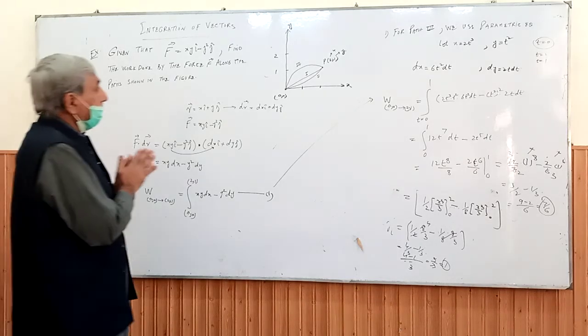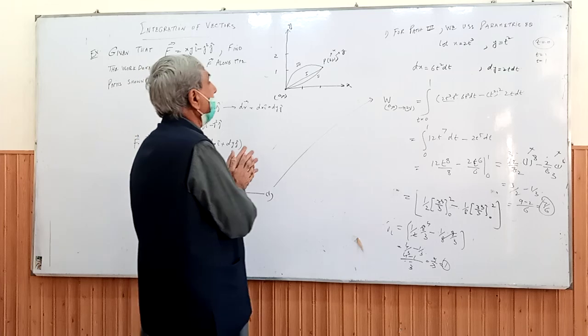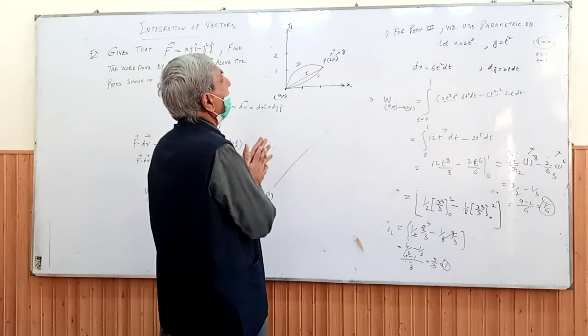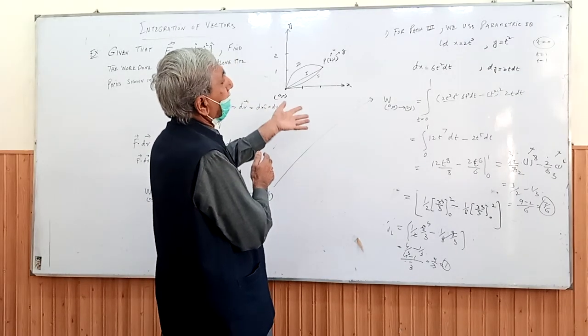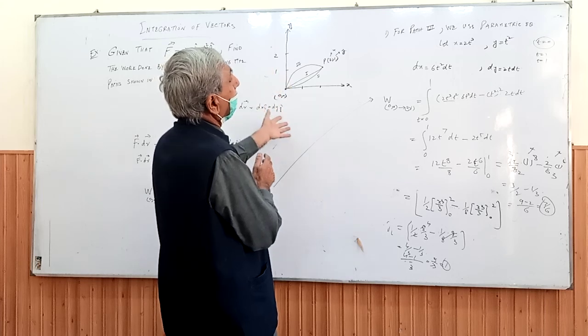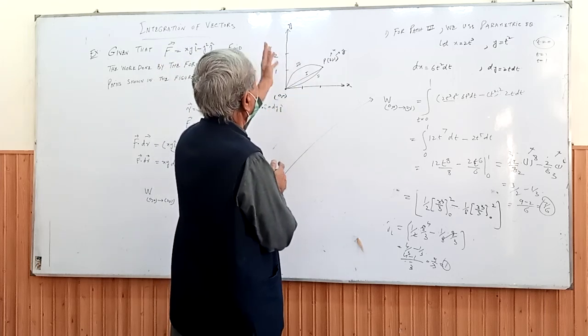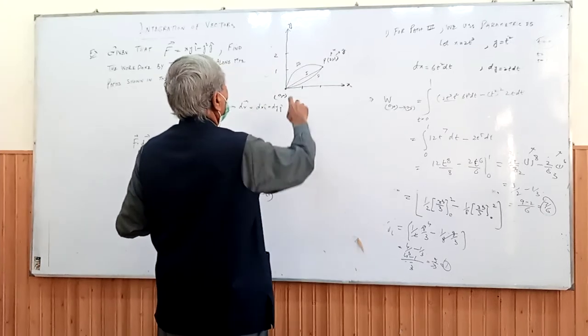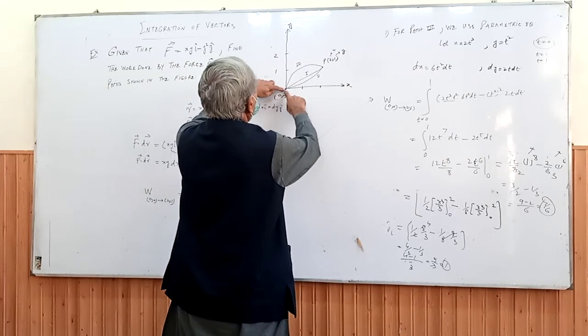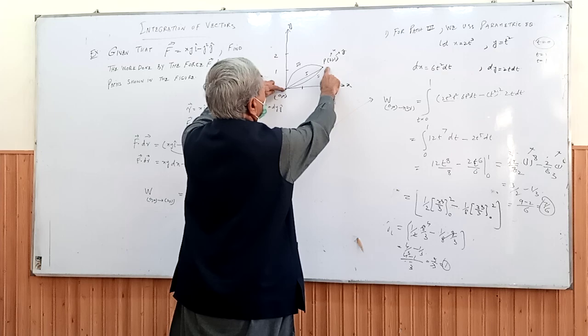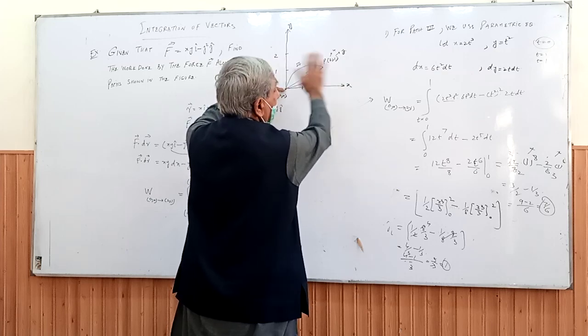If it is not given, then if you are a master, you have studied in BSc or FSc, you can always find your own parametric equation. The only thing is they should satisfy these two limits. Okay, nothing is wrong with that.